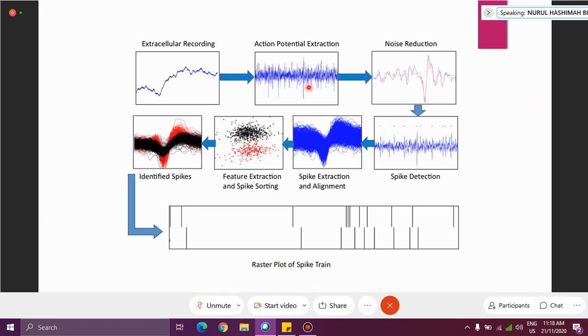So you can see the spiking here, and then you perform noise reduction, and this is where you detect the spike, and then you start to do spike extraction and alignment, with the timing and so on, and feature extraction and spike sorting to identify spikes. And this is your raster plot for your spike train. In computer science, this is called pre-processing, and this output will be used further for data mining or machine learning. Later we have that section.